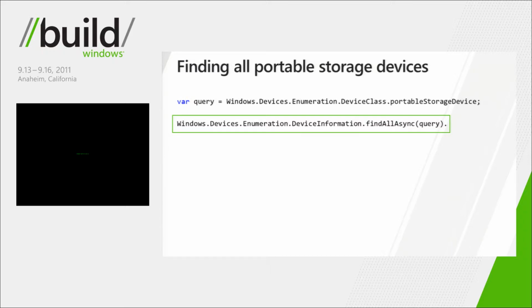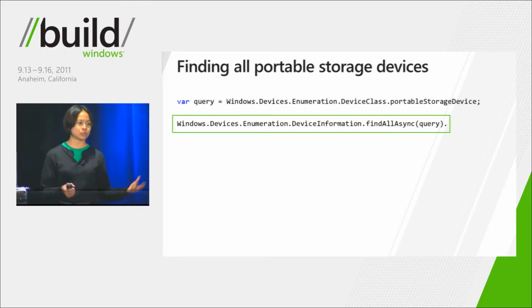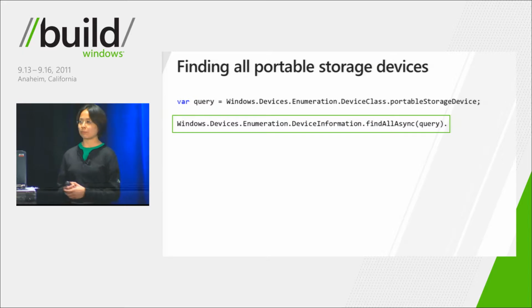You can use one of the built-in queries. So we're trying to find portable storage devices. And these are basically the cameras, the phones, the thumb drives that you connect to your PC. So they store stuff portably. So I take this query, and I pass that into this really important method that I want you to remember. It's findAllAsync.